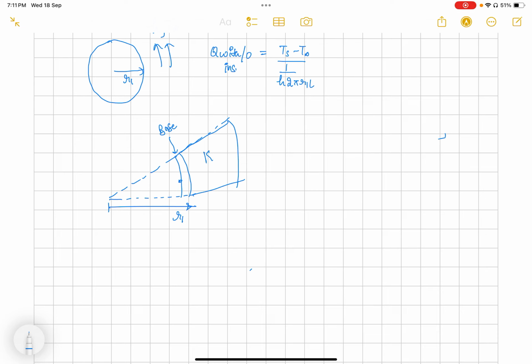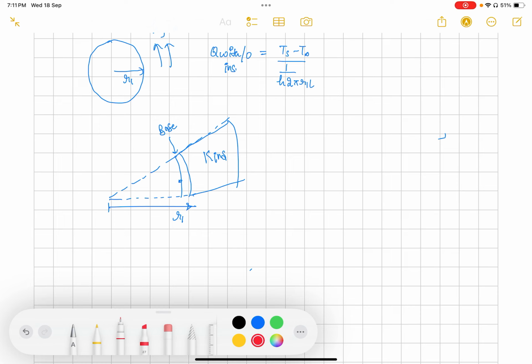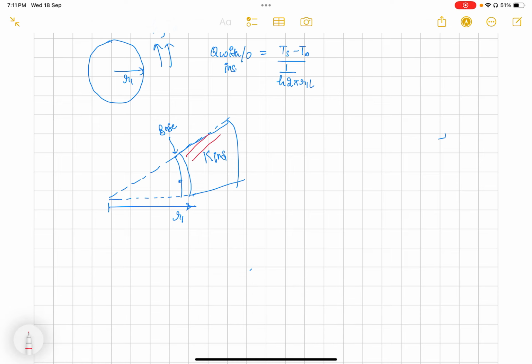This is the insulating material we are putting. So what will be the radius of this insulating material we are putting on the outside surface?